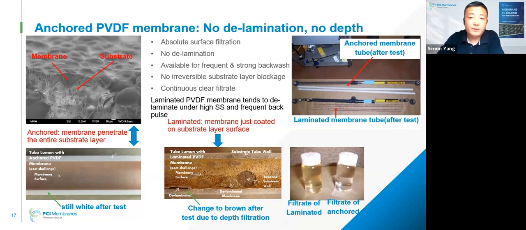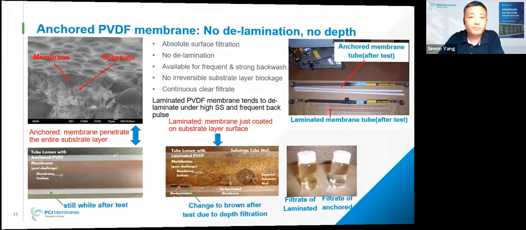So that's a difference. Right here, the filtrate of the laminated tubular membrane is also a little brown in color, because maybe some very tiny ferric hydroxide has been passing through.